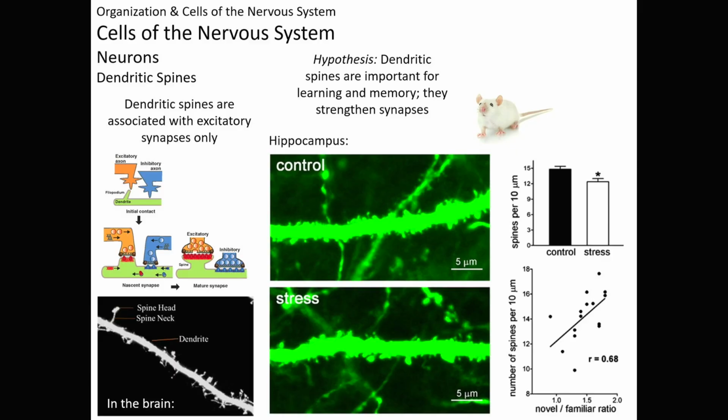The other hypothesis that's been put out there about dendritic spines is that they are important for learning and memory because they help to strengthen synaptic connections. Now, I don't pretend to be a neuroscientist. I'm not on the forefront of learning and memory and what goes on in the brain.